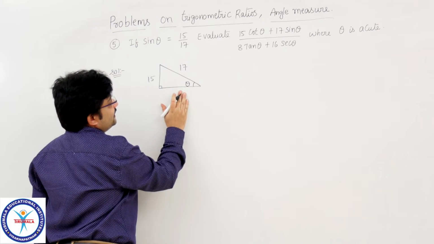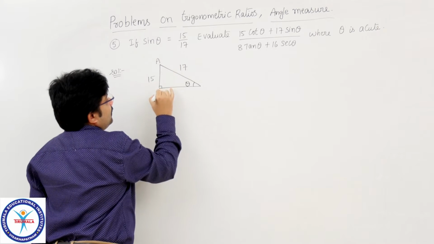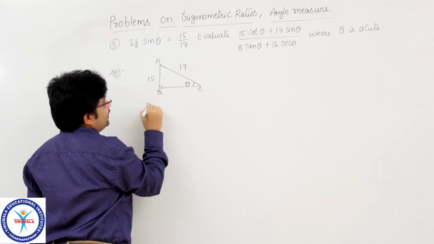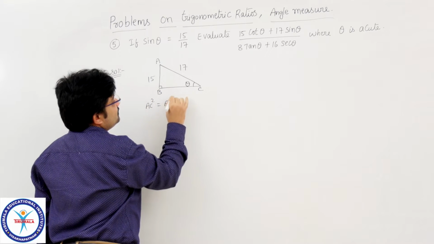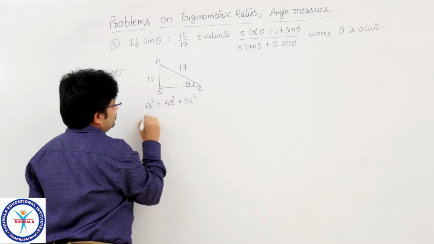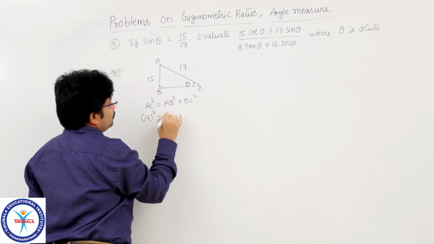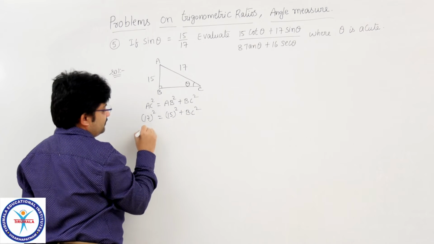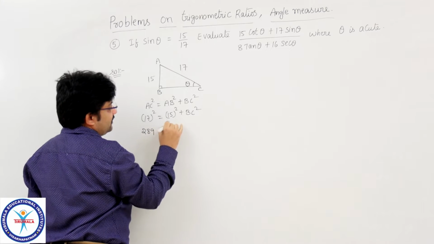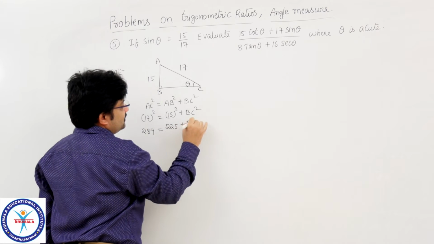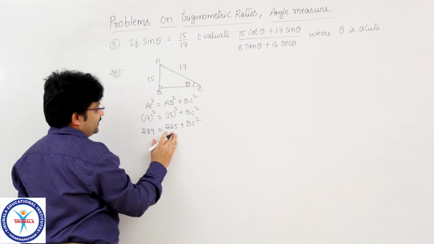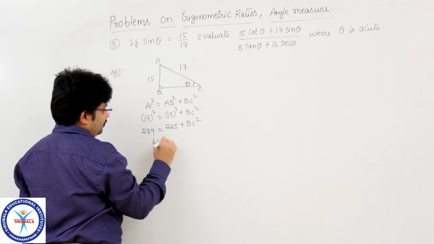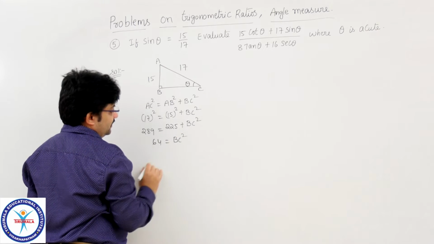Then what about this side? We know that hypotenuse square is equal to side square plus side square. AC square is equal to AB square plus BC square. 17 square is equal to 15 square plus BC square. 17 square is 289, 15 square is 225 plus BC square. 289 minus 225 is 64, equal to BC square.